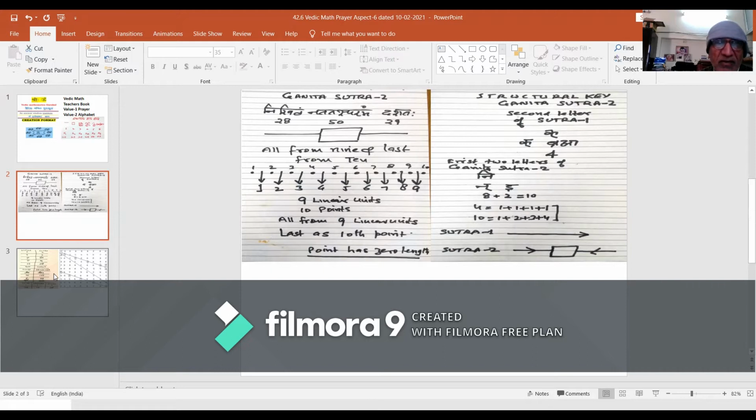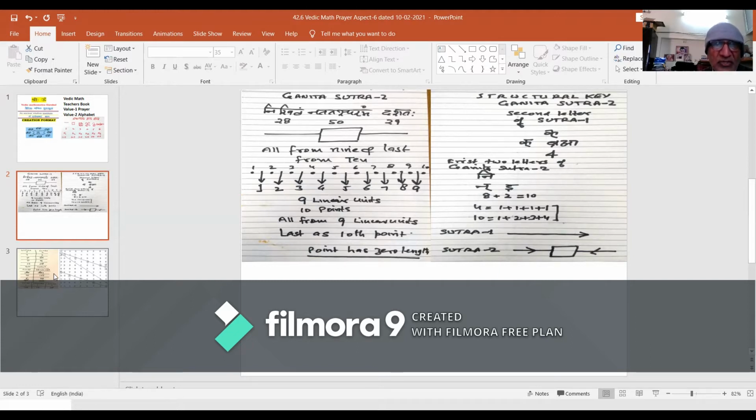Simple rendering of the text is all from 9 and last from 10. Let us sit comfortably. Let us be face to face with this feature, all from 9 and last from 10.